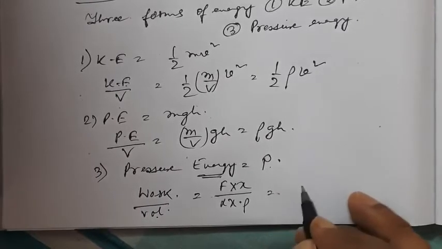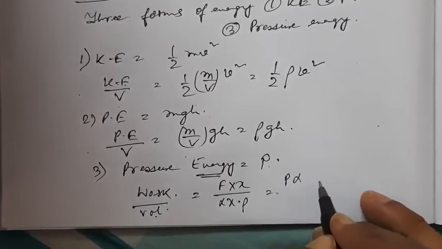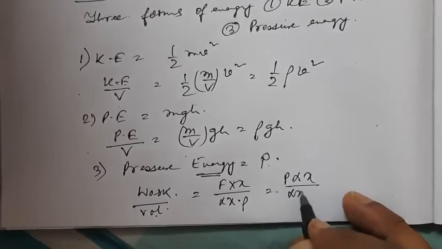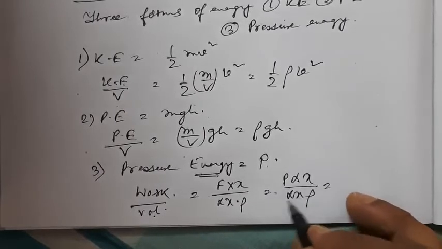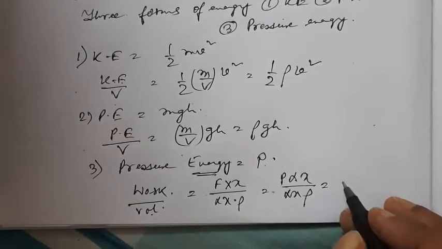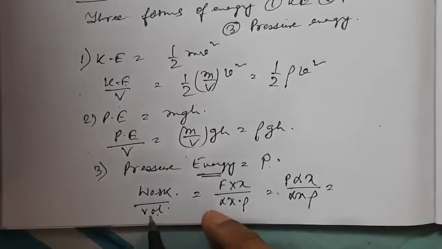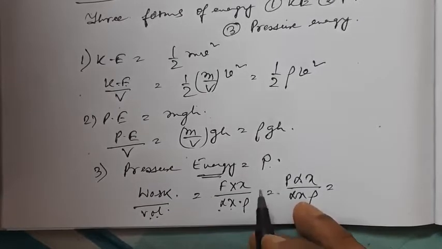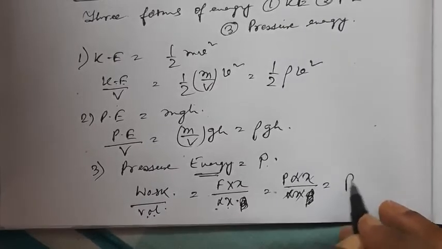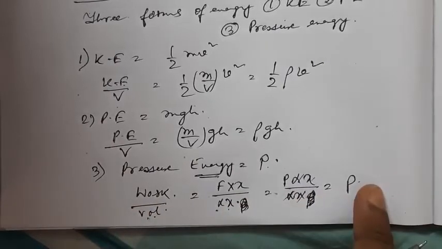Force is pressure into area of cross section, so pressure into alpha into x by alpha x. Alpha x gets cancelled, it becomes equal to P. So work done per unit volume is P.